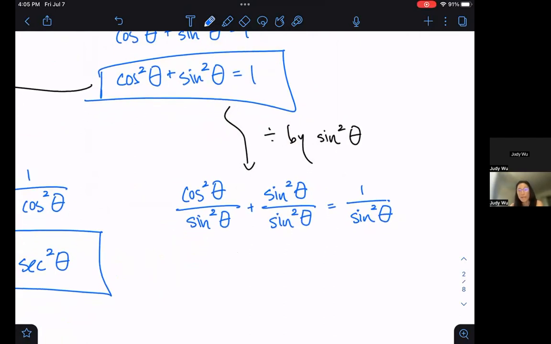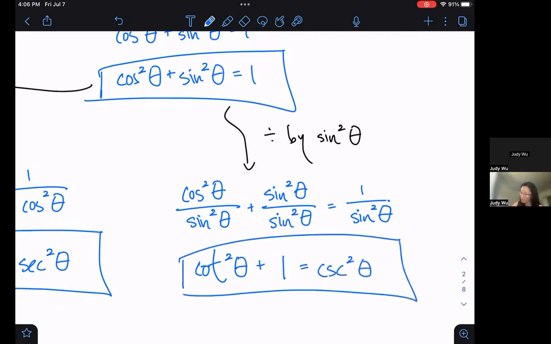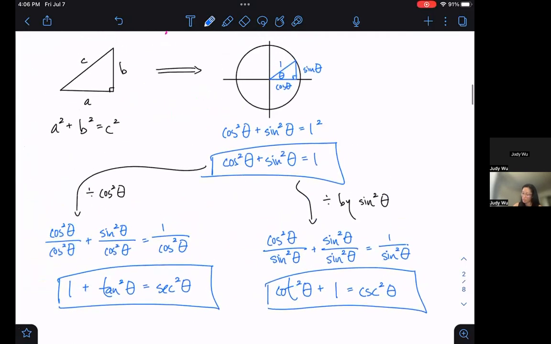Now I'm going to play the same game, using the other identities I know, along with some algebra, to figure out what this reduces to. Cosine divided by sine is cotangent, so cosine squared over sine squared is cotangent squared theta, plus sine squared theta over sine squared theta is 1, equals 1 over sine squared, which is cosecant squared. And that is the third Pythagorean identity.